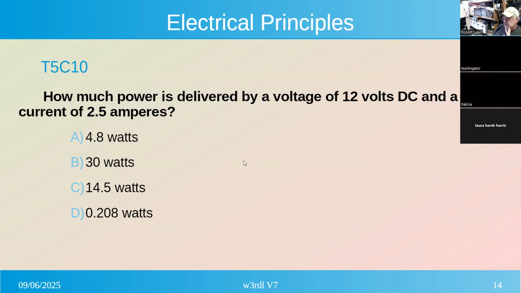Remember, P is equal to I times E, or E times I, however you prefer.